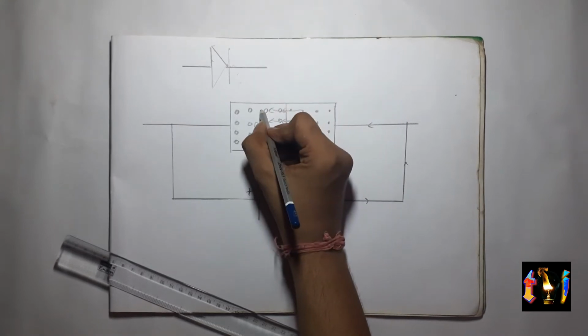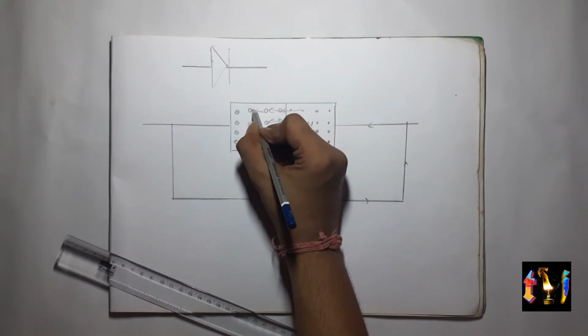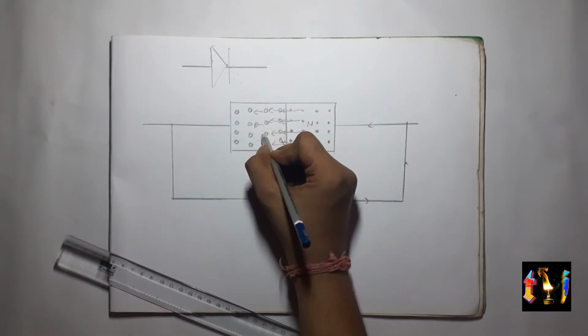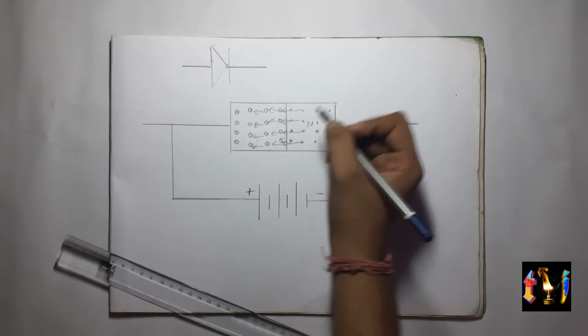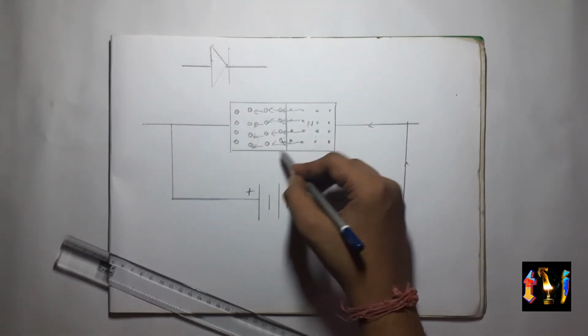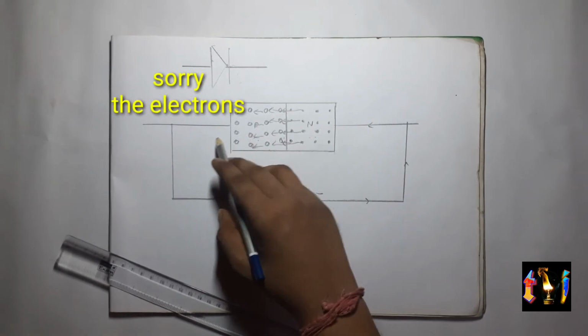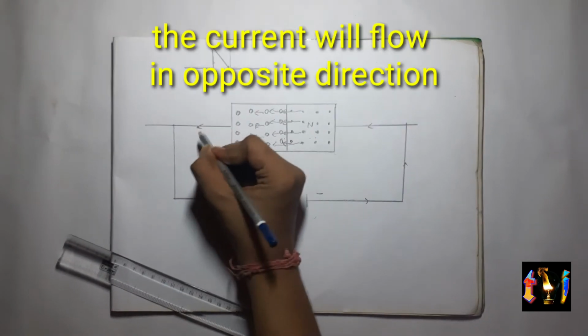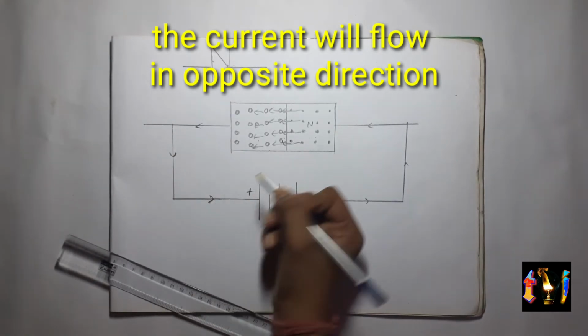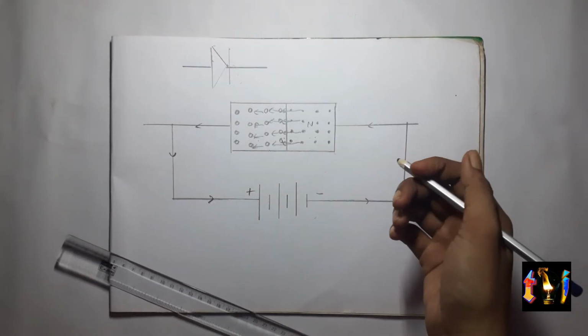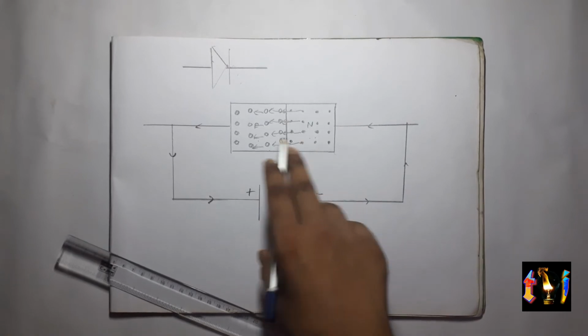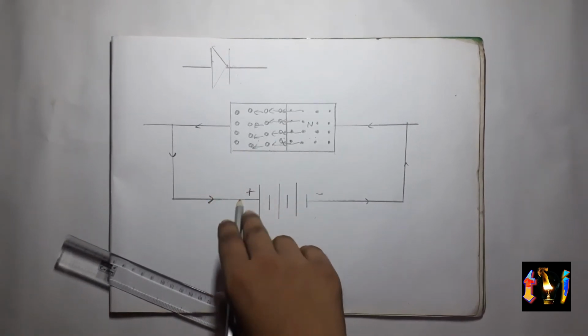Then from this position to this hole, and then to this hole, and then this, and the cycle will continue, and hence the current will flow in this direction. This is known as the forward biasing of a diode.